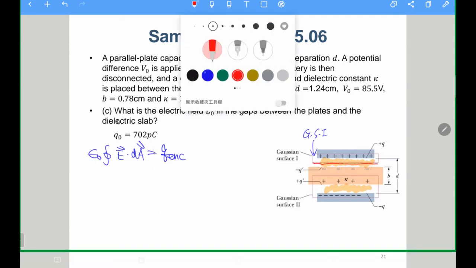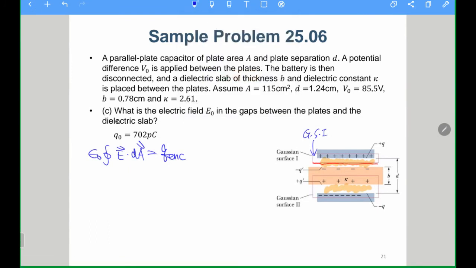So in this case, Q enclosed is plus Q. So we have Q over epsilon naught times A. Because E is uniform over this surface area, epsilon naught times E times A equals Q, and then we get this expression.